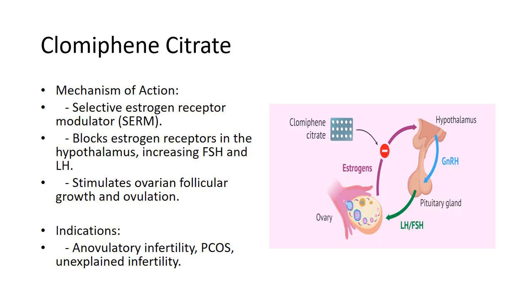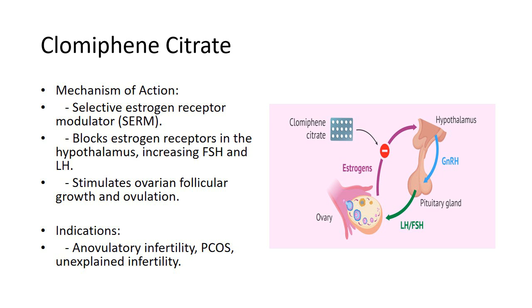1. Clomiphene citrate, CC. Mechanism of action: a selective estrogen receptor modulator, SERM, it blocks estrogen receptors in the hypothalamus, disrupts negative feedback, increases GnRH release, stimulates FSH and LH production, and promotes follicular development and ovulation.